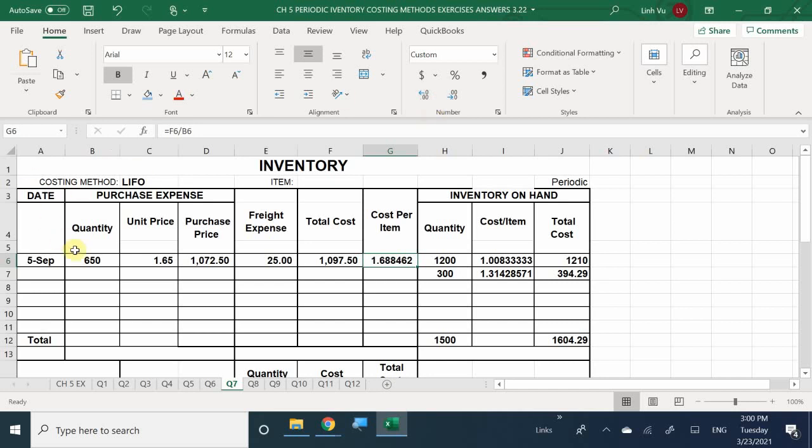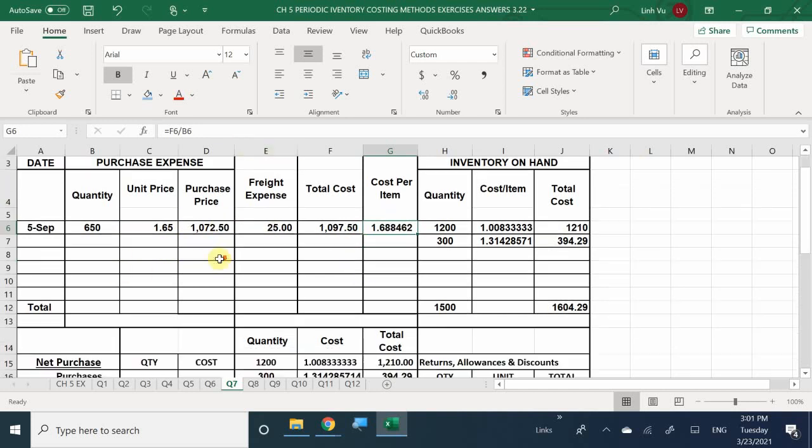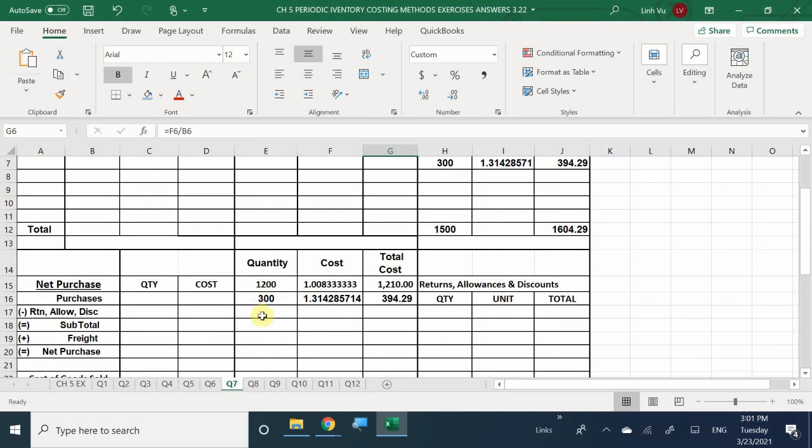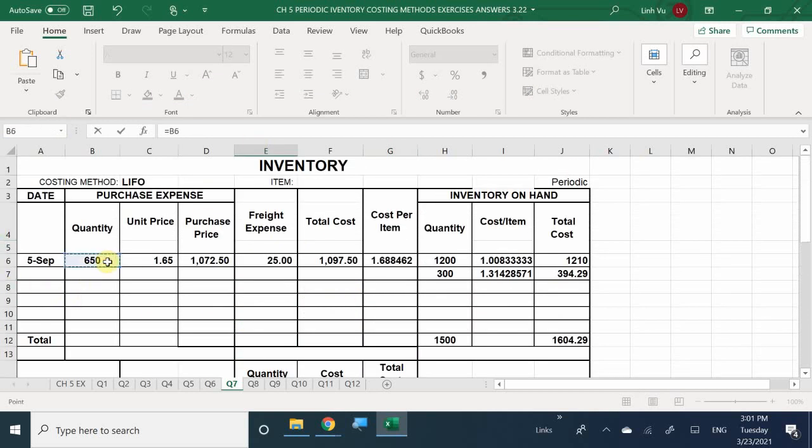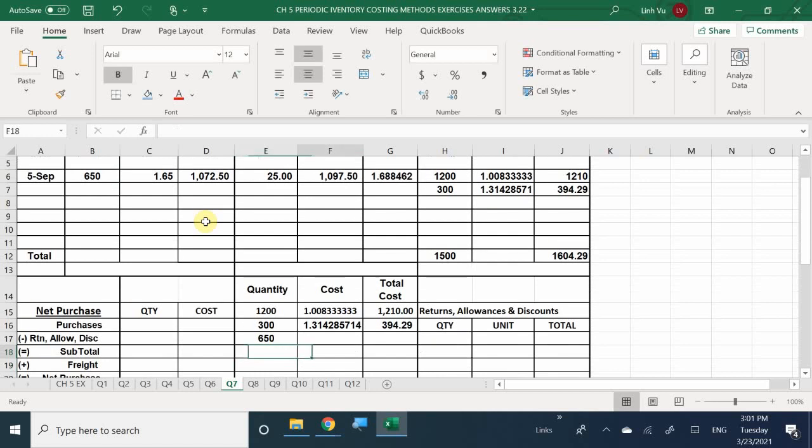So now that we entered in this purchase, let's just add it into my inventory right away. So I'm going to place it down here. We purchased 650. Copied it right down there. It's going to cost me $1.6888.